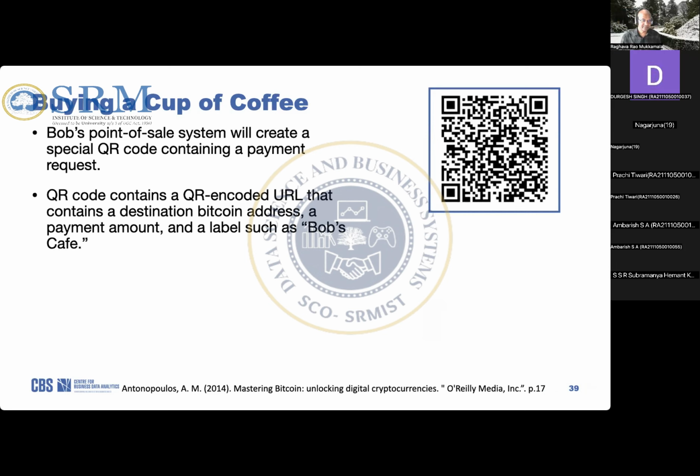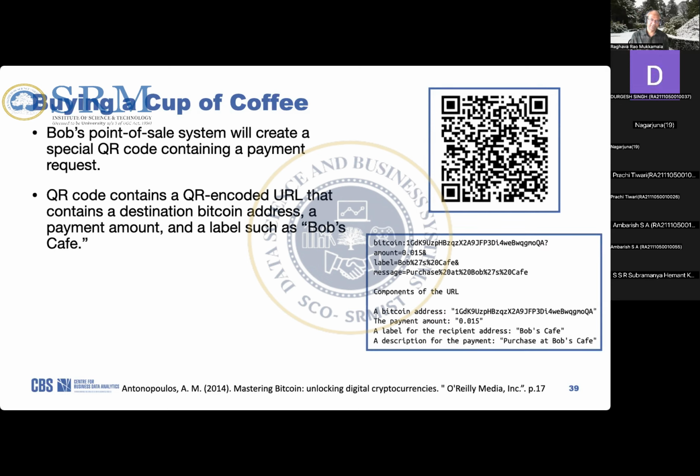She can scan this QR code, which contains some information about the destination Bitcoin address to which the payment has to be made. Since Bob owns the coffee shop, the payment has to be transferred to his public key, and some other information.